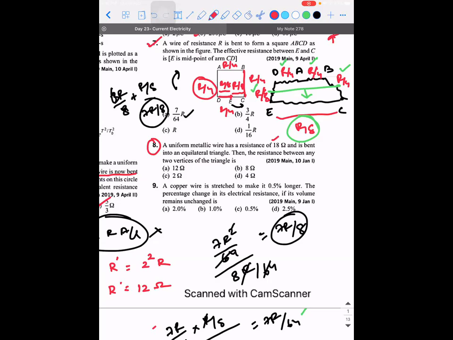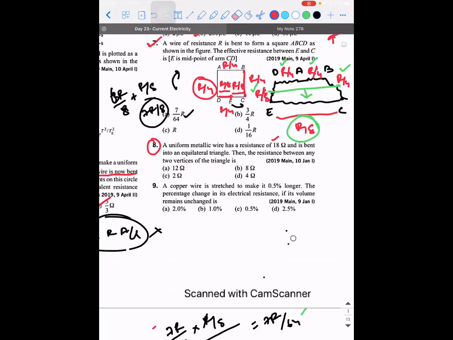What will be the resistance of each side of the triangle? 6 ohm, sir. Correct. It is going to be exactly the same because an equilateral triangle has all three sides equal. So 6, 6 and 6.